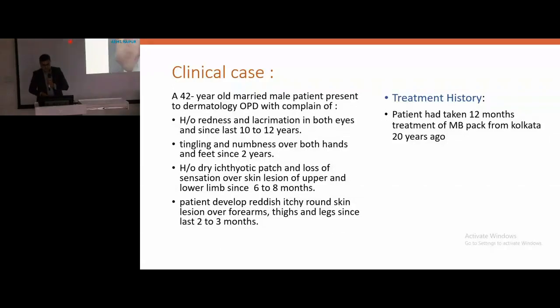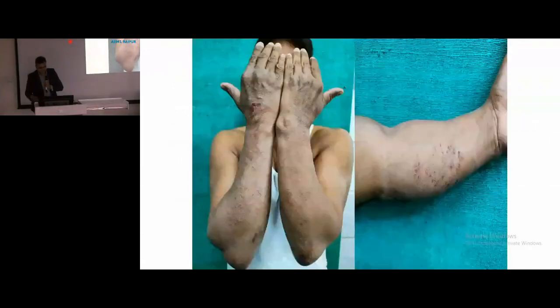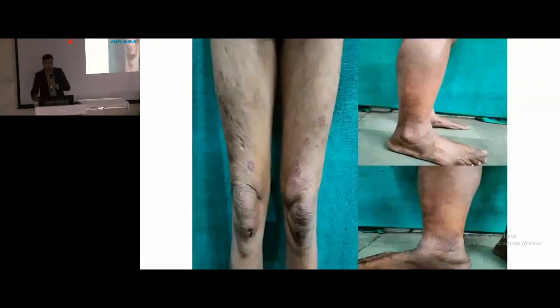So here he had received it 20 years back. And as we see, there are a few ecthartic lesions. There are also scaly lesions. The patient has developed papulosquamous lesions, scaly lesions, and they are itchy. So we worked him up. As we see on the lower limbs also, some of the lesions are discoid. We can also see the scars and the depressions, previously hidden scars of maybe a very necrotic type of ENL.